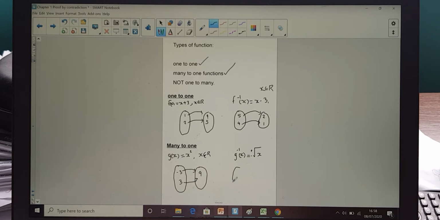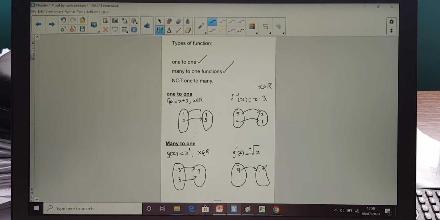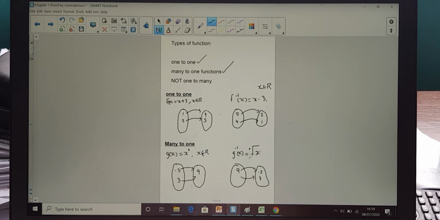So if I had an input of 9, that would be a problem, because my answer could be -3 or it could be 3. Remember what we said, we can't have one-to-many. Therefore, this is not a function. This is a type of mapping, as all of these things are, but it's not a type of function, because I cannot have one-to-many.